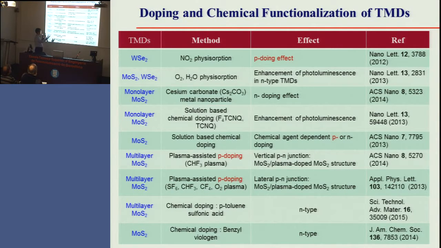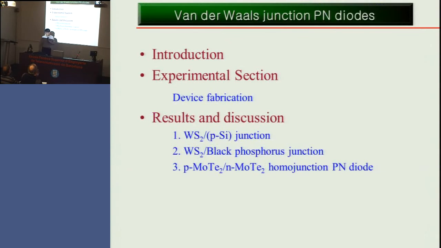Although this study claims they have a good material, if you read more carefully, the mobility of this demonstration is quite low. Anyhow, P-type or N-type two-dimensional material is important for your applications.